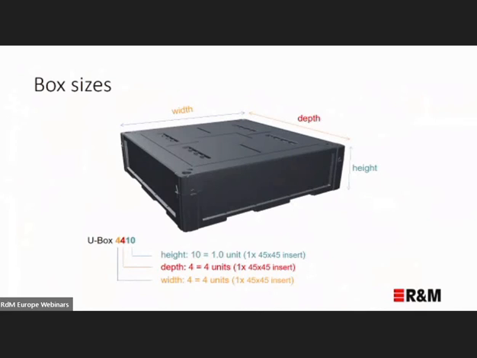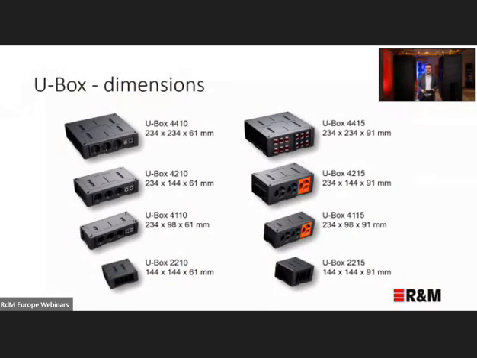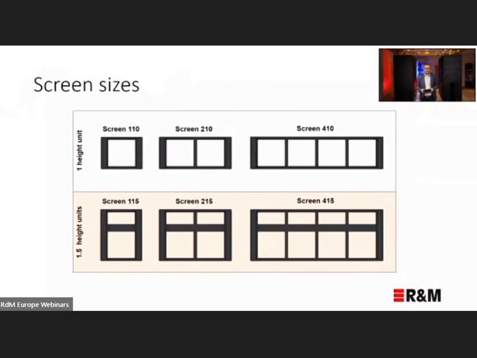The last number includes the height of our box. 10 means Mosaic standard. 15 will mean 1.5 Mosaic standard. This slide shows us detailed sizes of the boxes. As you can see, these boxes are not so big, and they can fit everywhere you want.